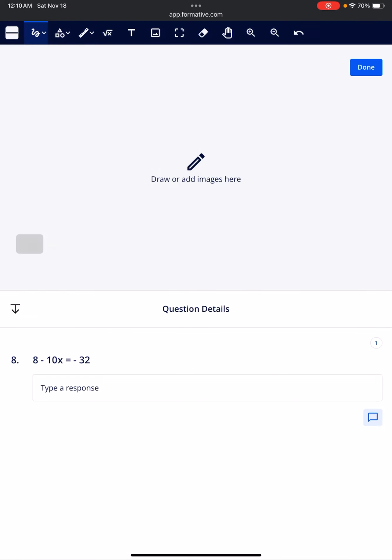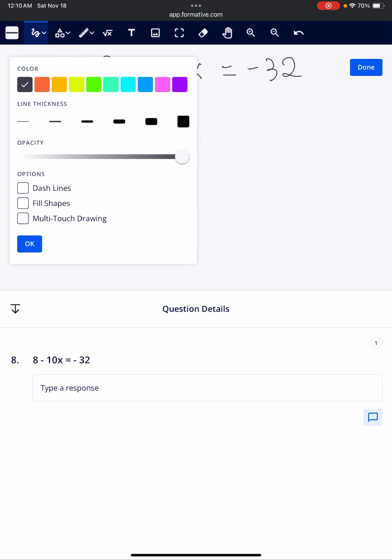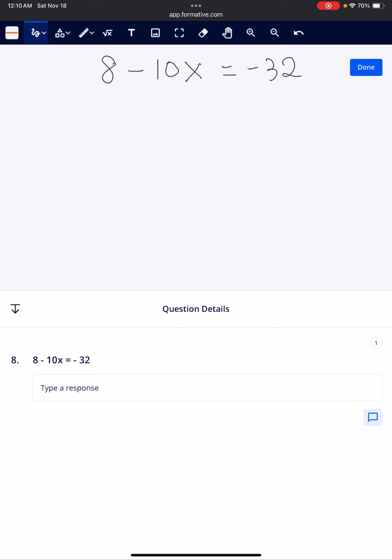While I'm rewriting the problem, you need to try it yourself first. So again, we are trying to isolate the variable. So you need to remove this plus 8.